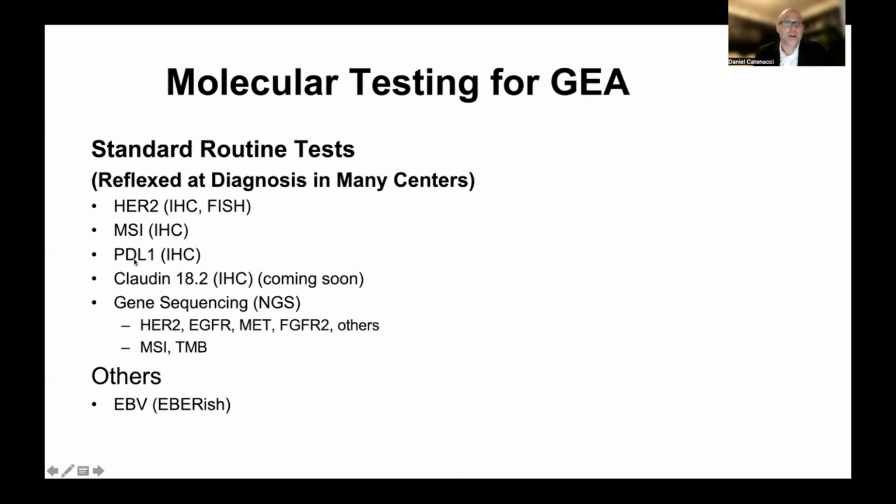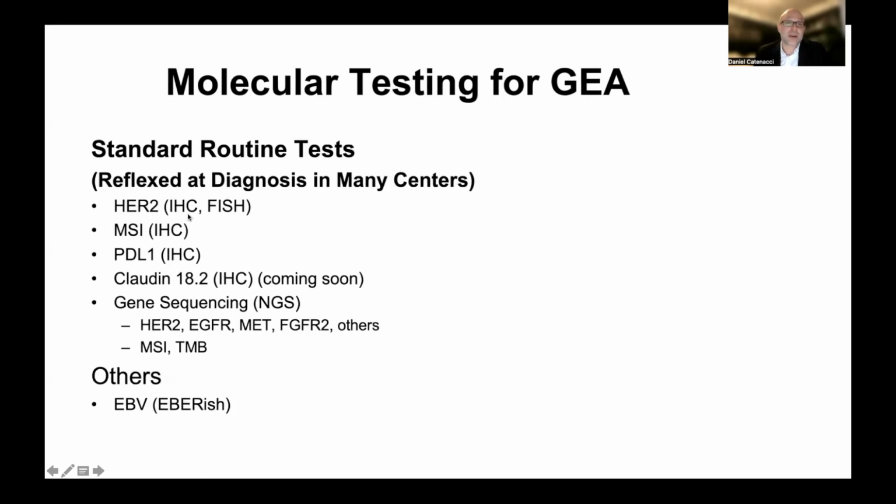There will be claudin testing coming soon based on the positive randomized phase 3 study. And next generation sequencing is becoming more and more common in terms of trying to identify a number of genetic events and other genetic events that all have implications on therapy.